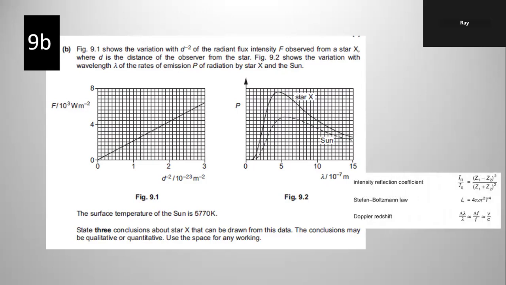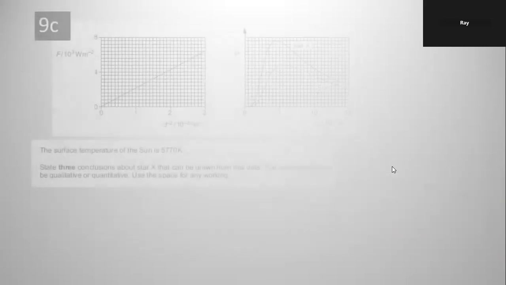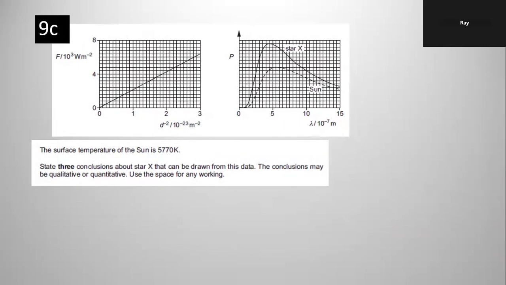You can mark yourself. These are given in your formula sheet. Surface temperature of the star, this is the formula to calculate.